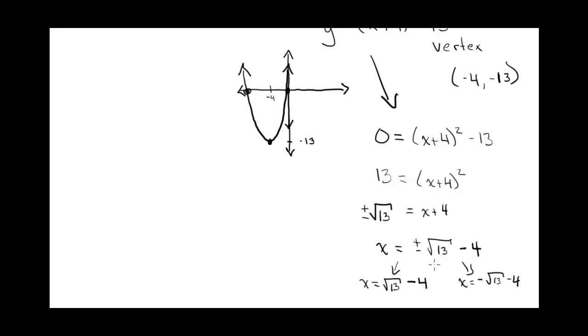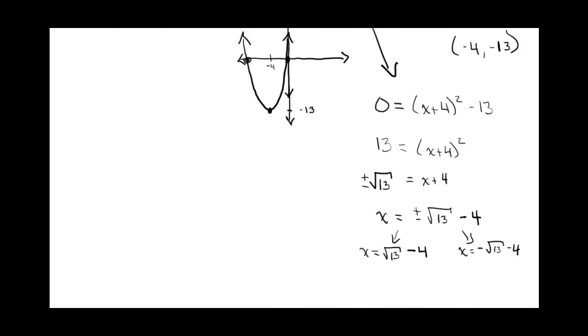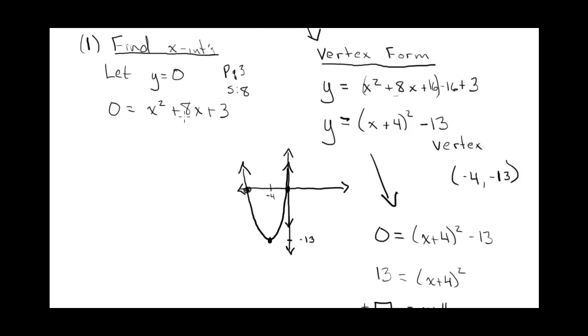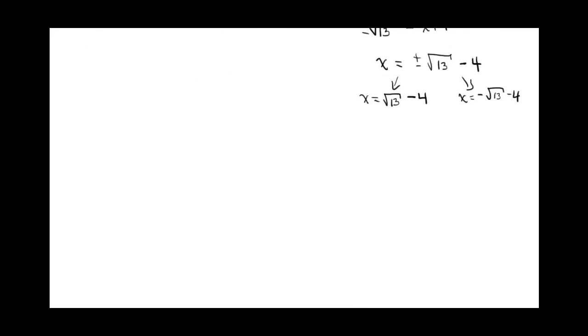Well, that's a really ugly number. That's a non-repeating decimal. There's no way you were going to be able to figure out those factors. So there are numbers that do what you want it to do up here. They're just irrational numbers. They're not repeating decimals. They're definitely not integers. They're not even fractions.